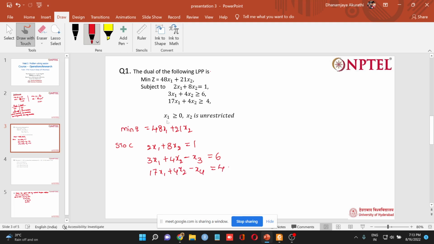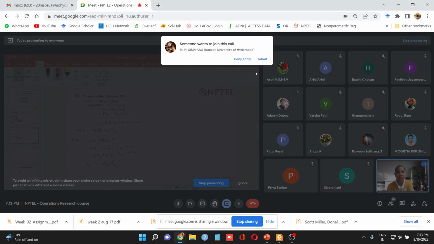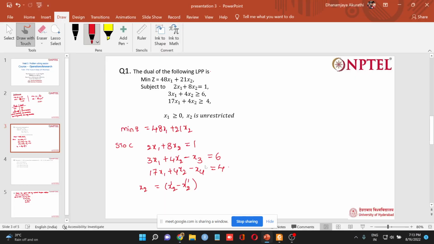And here they mentioned that x1 is a non-negative variable, but x2 is unrestricted in sign. So whenever we have a variable unrestricted in sign, we have to replace it with the difference of two other variables. Let us assume x2 dash and x2 double dash are those two variables.